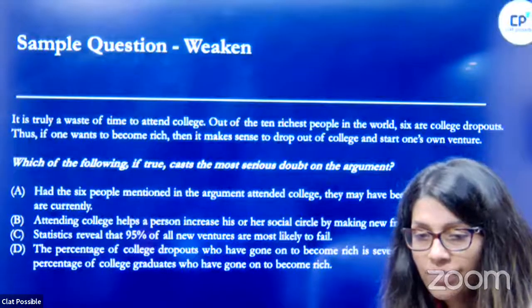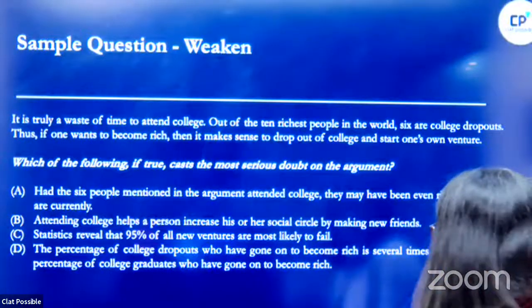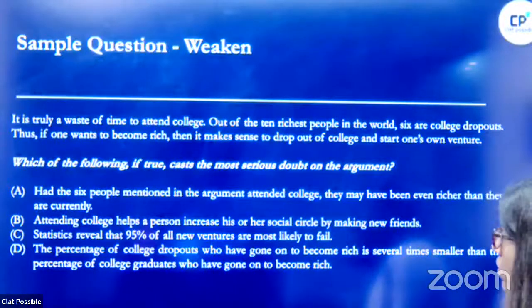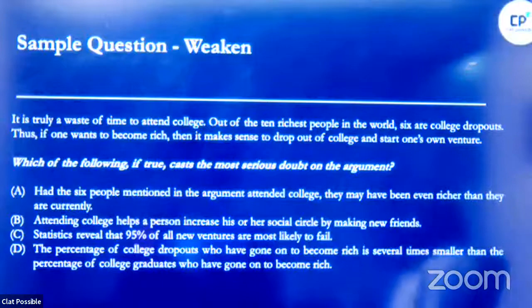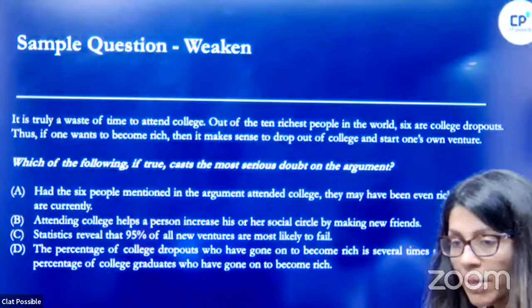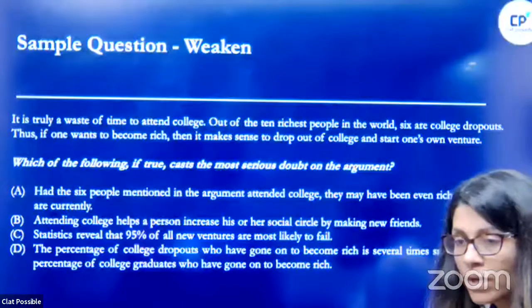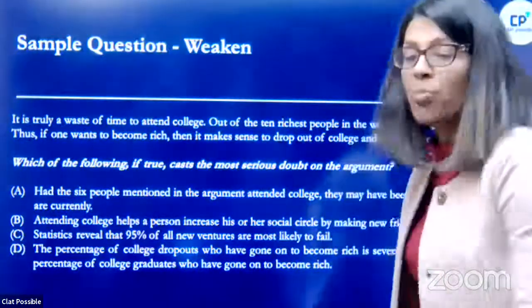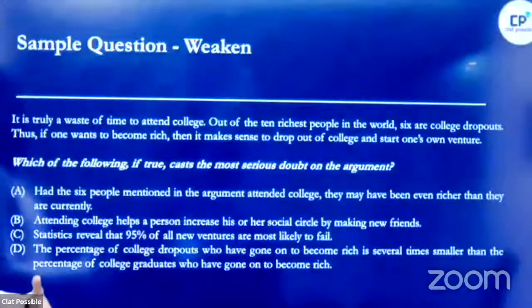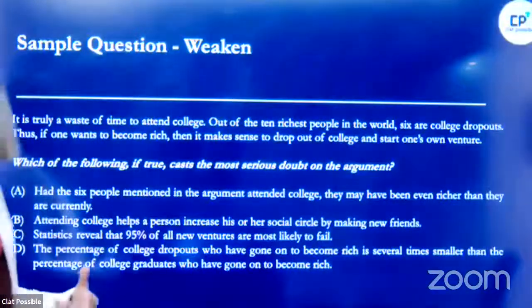Answers, please. Very good. I think many of you have got the correct answer. That means when you are given smaller, uncomplicated arguments or smaller, uncomplicated paragraphs, you do a better job.